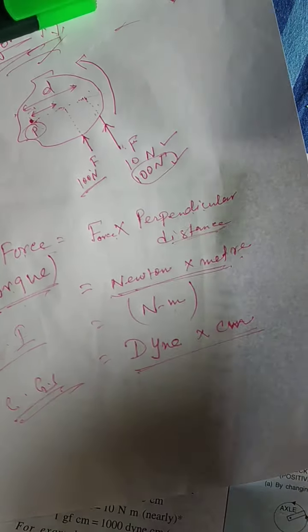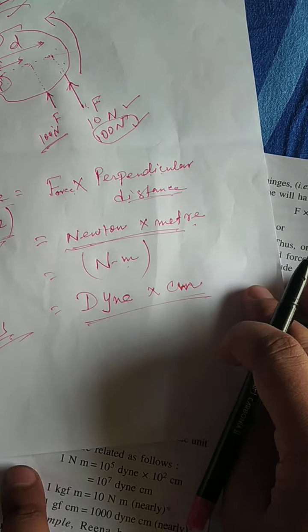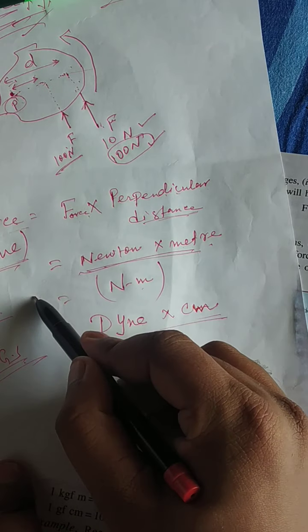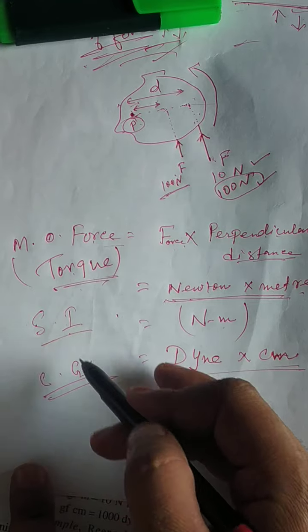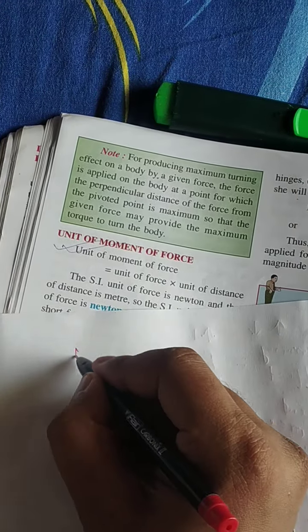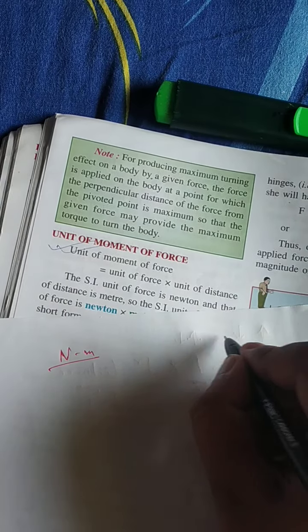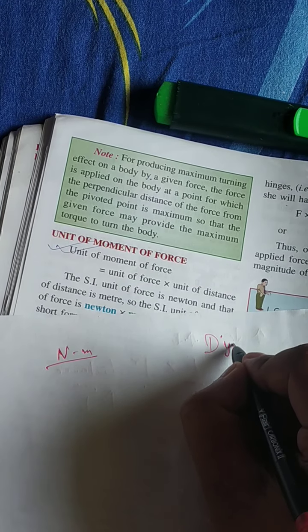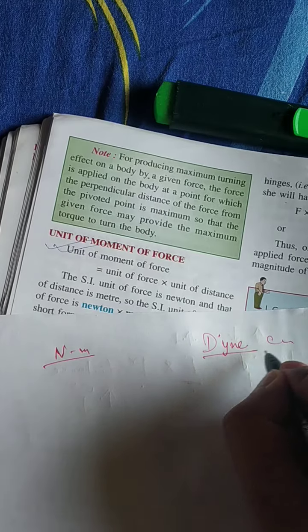So what is the relation between the SI unit of moment of force and the CGS unit? In other words, what is the relation between Newton meter and dyne centimeter?